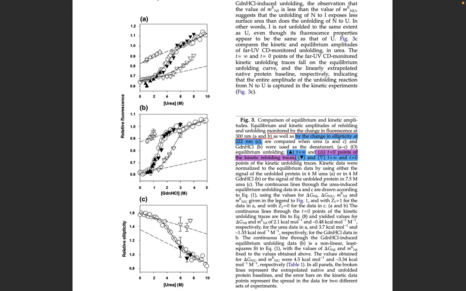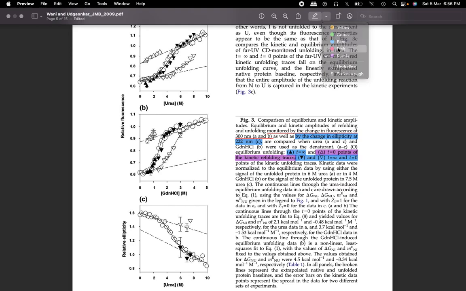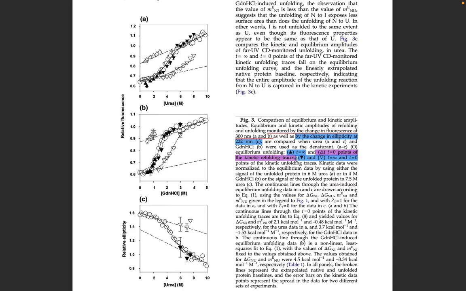Again, for the unfolding experiment, the inverted triangles, both filled and unfilled, are for the unfolding experiments, meaning at t equal to 0 the protein will be in its native conformation, so it should fall on the native baseline.